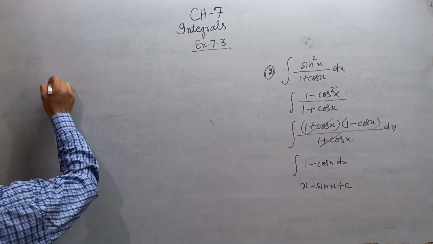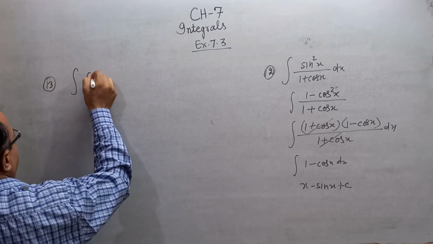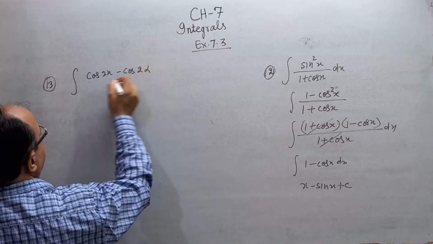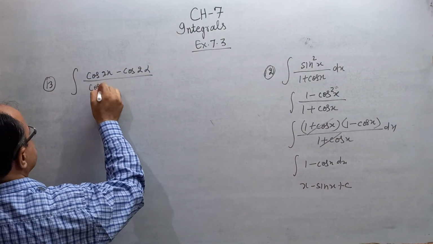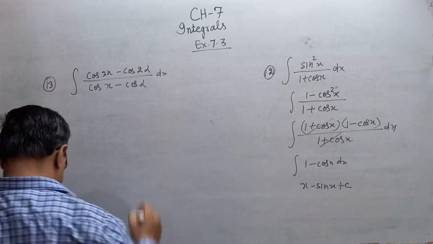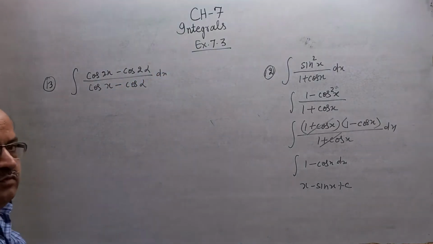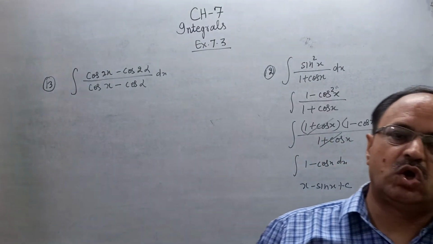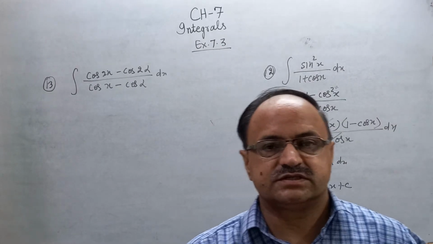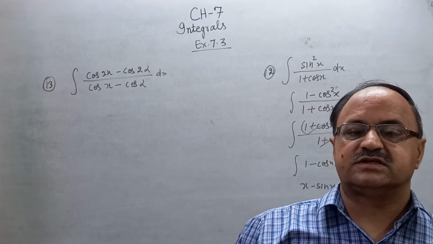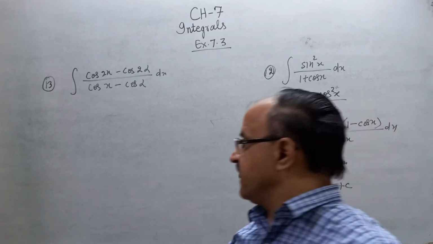Question number 13: integration of (cos 2x minus cos 2 alpha) upon (cos x minus cos alpha) dx. You know the formulas for cos 2x very well. There are 4 formulas: cos square x minus sin square x, 1 minus 2 sin square x, 2 cos square x minus 1, and (1 minus tan square x) upon (1 plus tan square x).